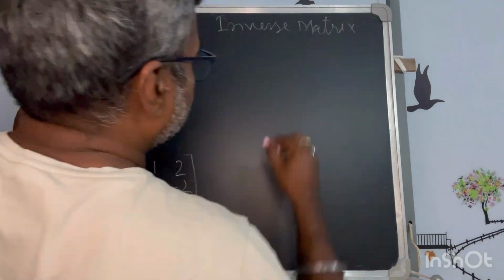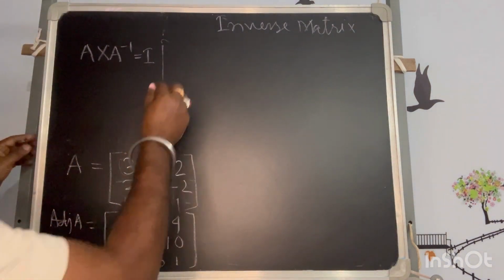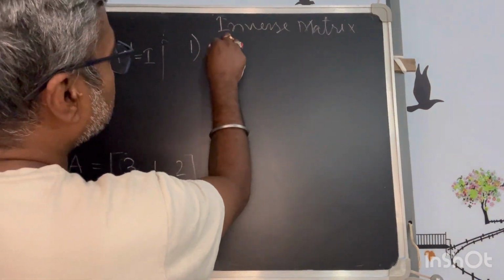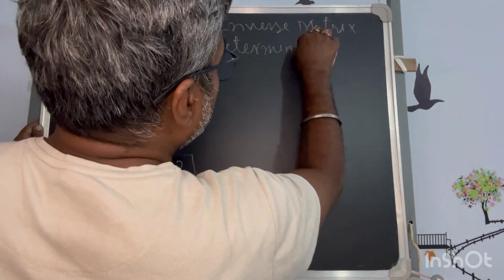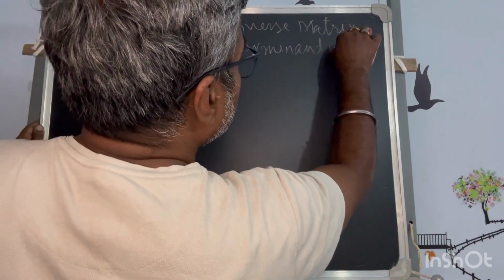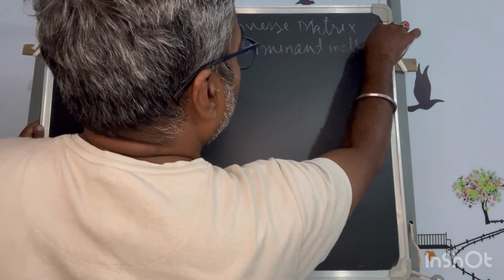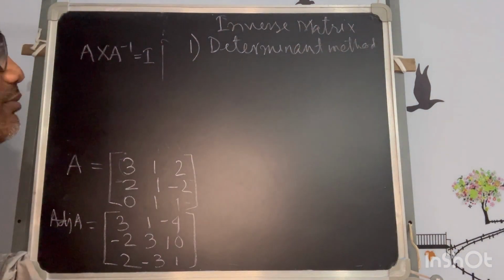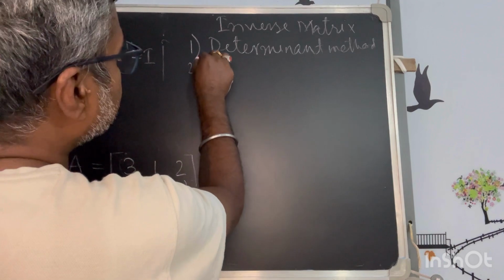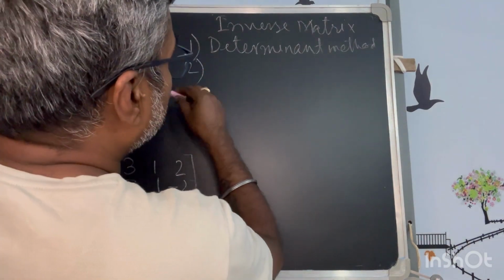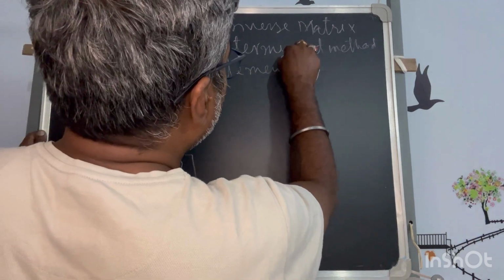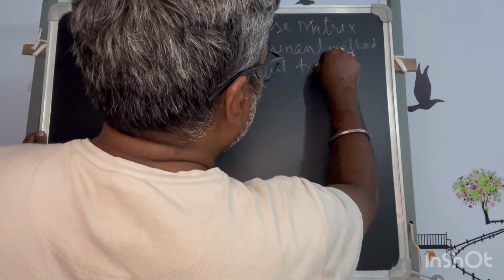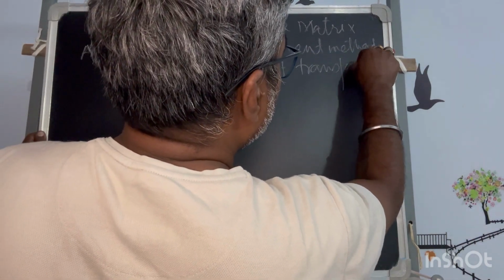Okay, so this can be done with 2 methods. First one is the determinant method, or you can say with the help of the determinant. Second one is the element transformation method.